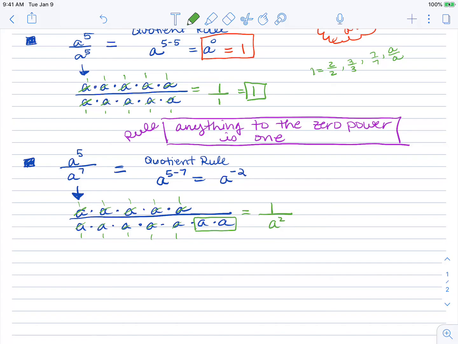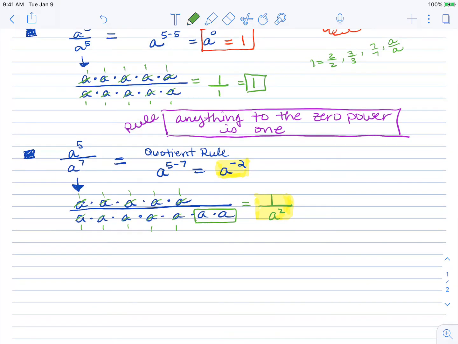So what I can do from this is say, what does it mean when I have a negative power? When I did the quotient rule and ended up with a negative power, and I compared it to doing the same thing logically but getting it in the denominator, that means that the negative power is notation.